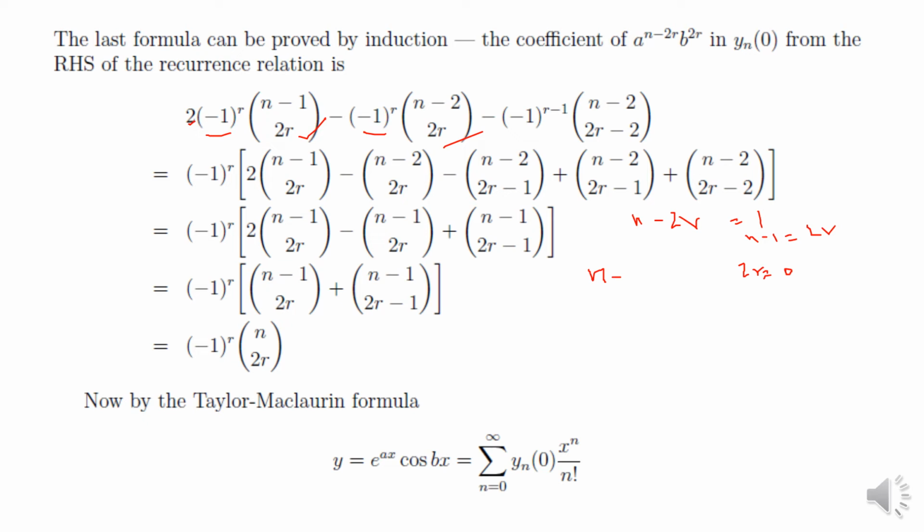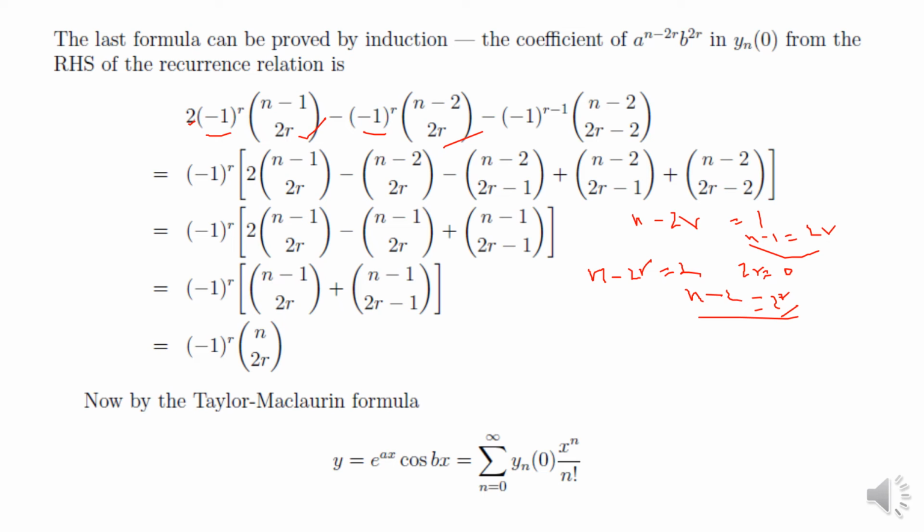For this, n minus 2r is equal to 2, because a square is there. So n minus 2 is equal to 2r, and b square term is not there, so 2r is 0. So here also we have to take n minus 2, 2r objects. Earlier it was n minus 1, 2r; here n minus 2 is equal to 2r.